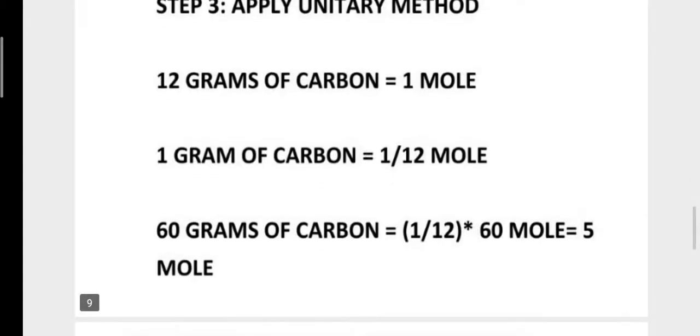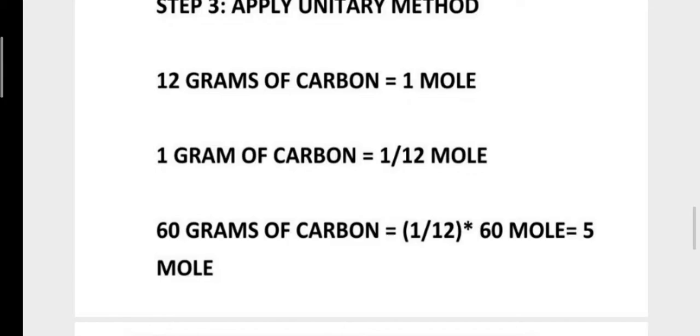And 60 grams of carbon will be equal to 1 by 12 into 60, unitary method. That is equal to 5 moles. That is why 60 grams of carbon is equal to 5 moles.